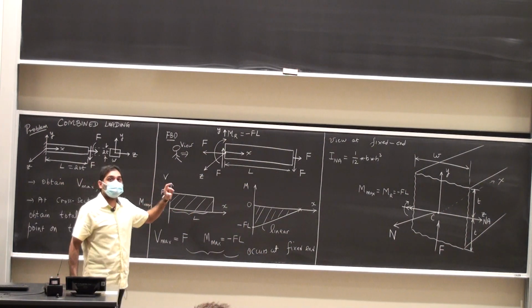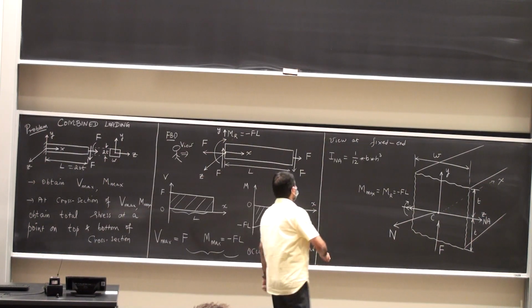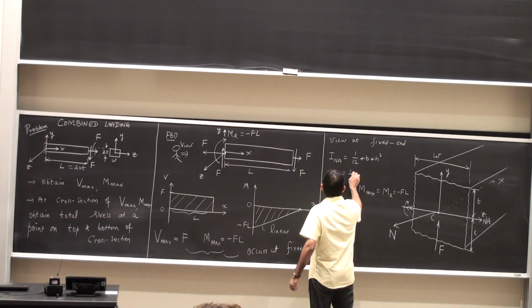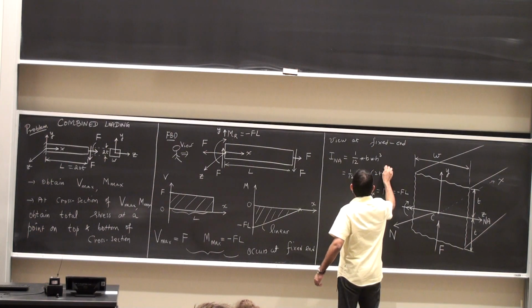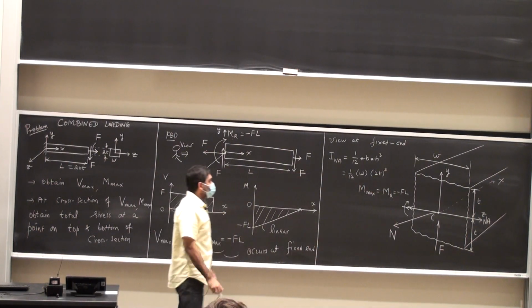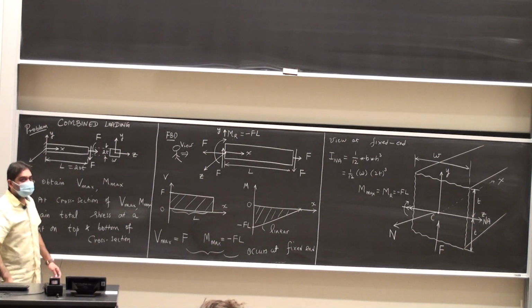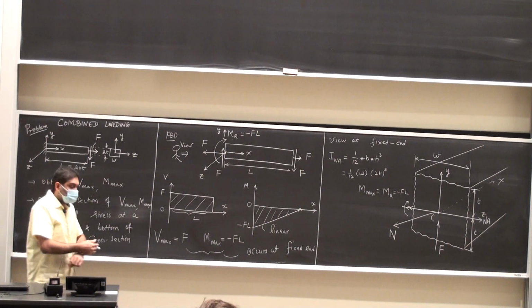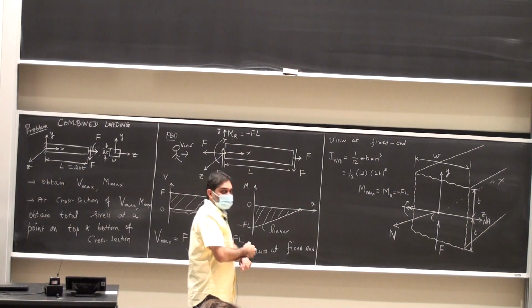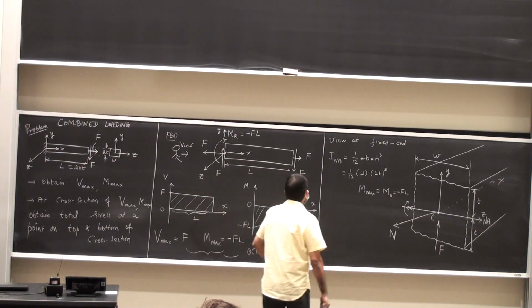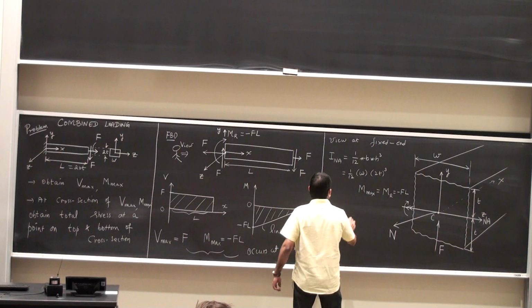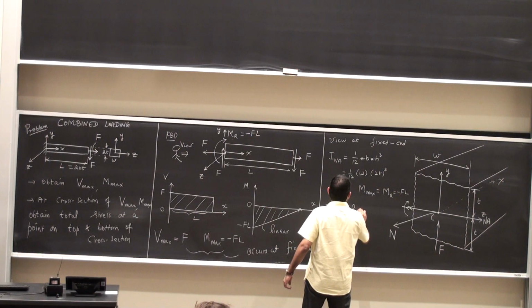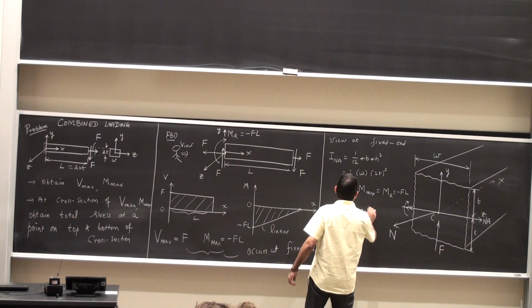The height is 2 times T. So this is going to be 1/12 W (2T) cubed. 2 cubed is 8. 8 by 12 is 2 by 3. Okay, so I about the neutral axis is 2/3 W T cubed.